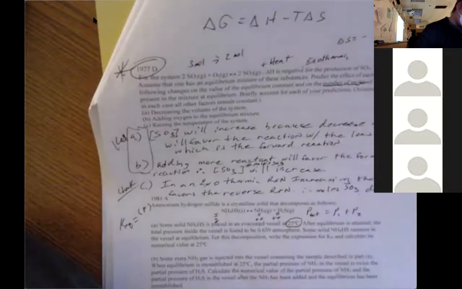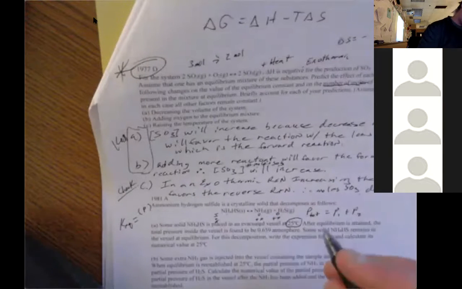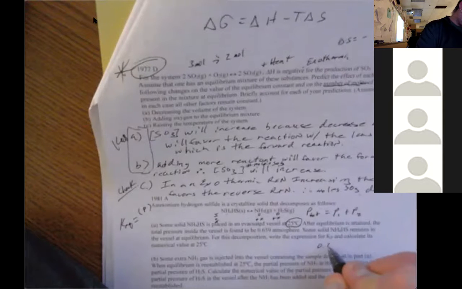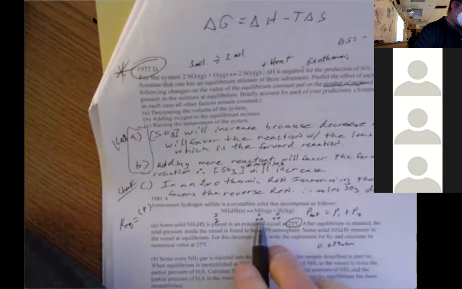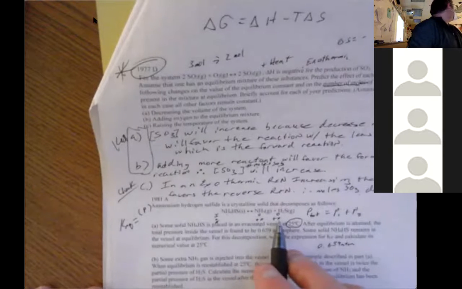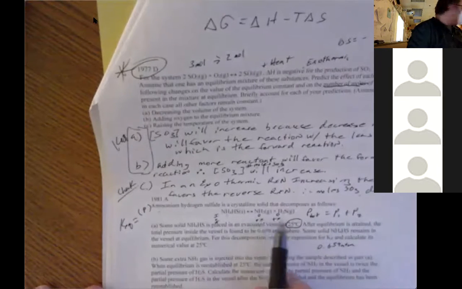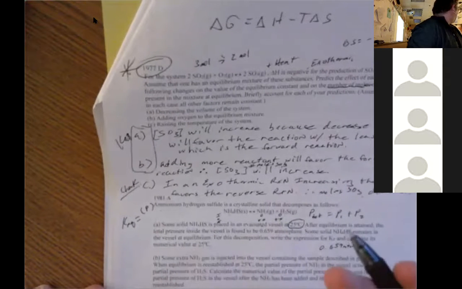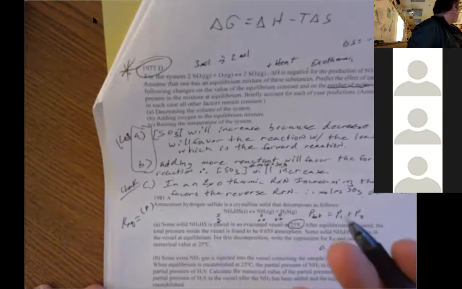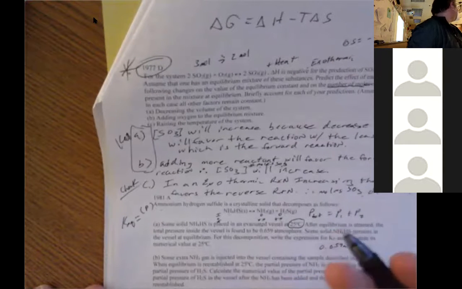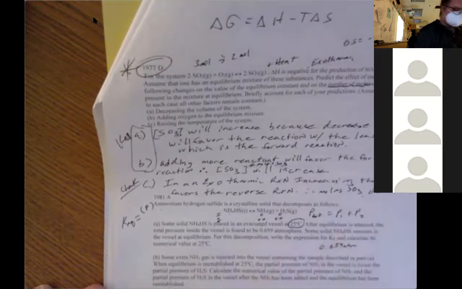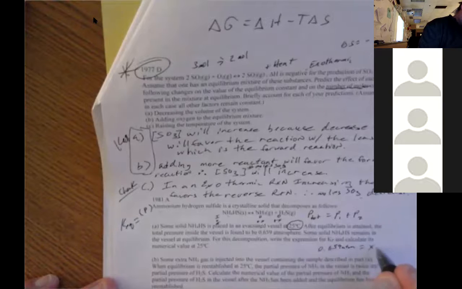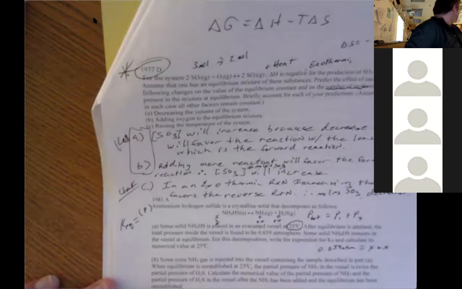We know the total pressure is 0.659 atmosphere. Each of these is going to have the same pressure because we're making the same amount of each. Let's just take it at STP, even though it's not. One mole of any gas takes up the same amount of space, so it would have the same amount of pressure. All of those things being considered, the total pressure is equal to X plus X, which is 2X.